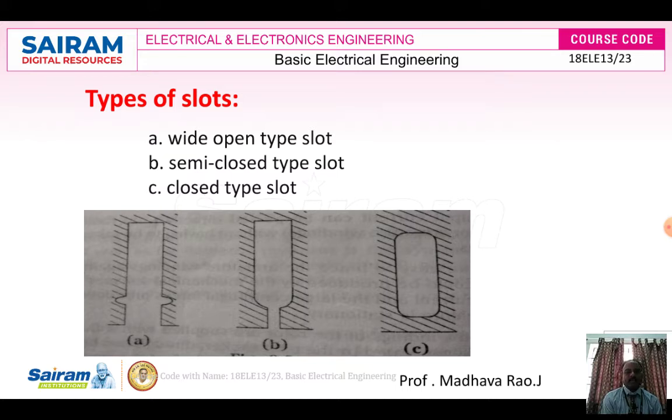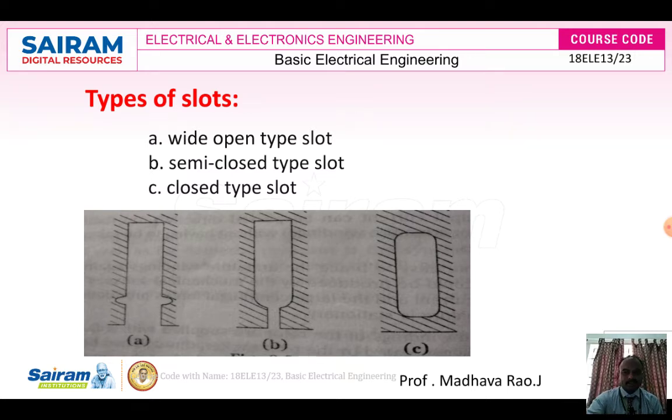Whenever the winding is damaged, removing and replacing it is very difficult: removing the conductors and the winding, and replacing the winding, needs skilled people. Also, reluctance in this type of slot is more, so magnetic flux creation will be less in closed type slots.